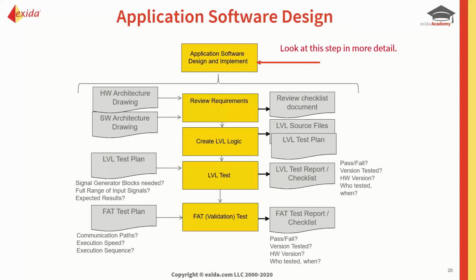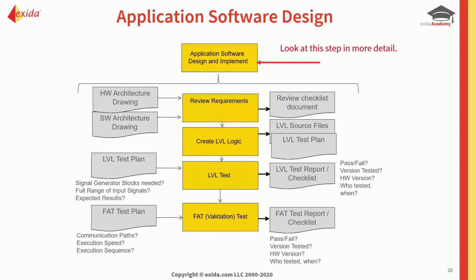And here again, we can use a checklist to make sure we've got everything covered, because we need to know, did it pass or not? If it failed, we have to look at the reasons as to why it failed. And there needs to be an assessment of that. And what version was tested? So again, we should have proper version control to make sure that we're testing the most up-to-date version, and then what hardware version were we testing it on?